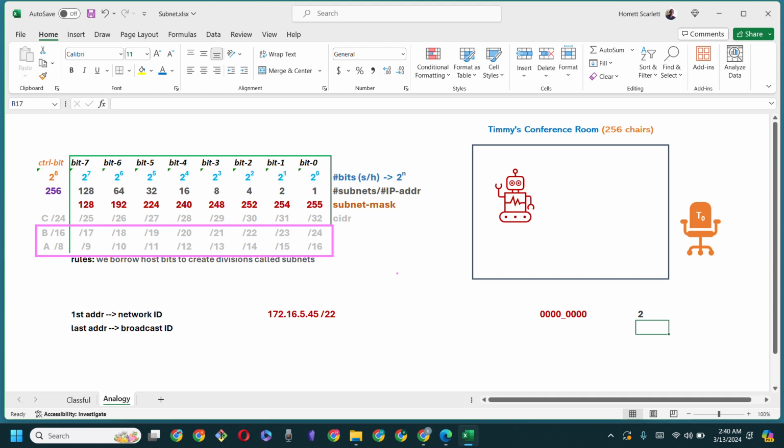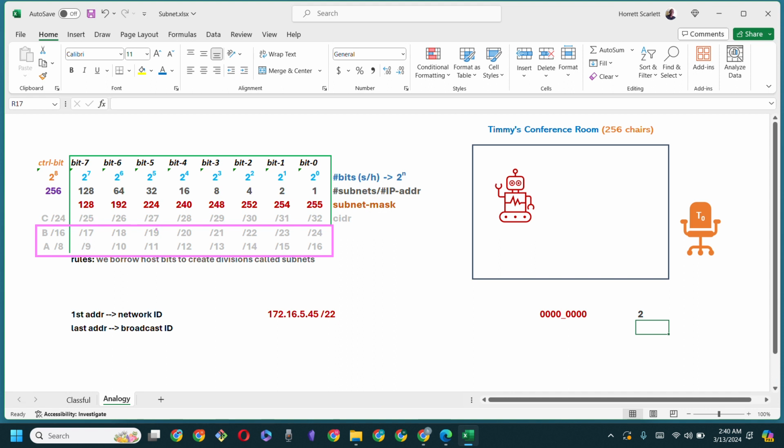So note we have Class A and Class B information in the table as well. Class B, by default, uses 16 bits for the network. Class A, by default, uses 8 bits for the network. So we're looking at 8, we're looking at 16. Class C, by default, uses 24 bits.